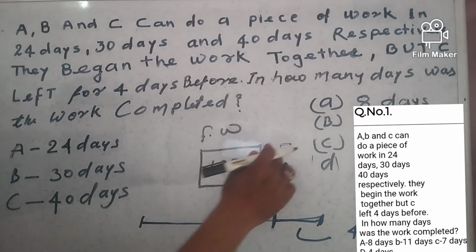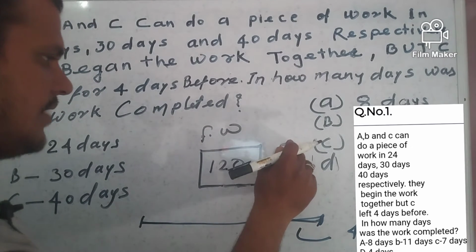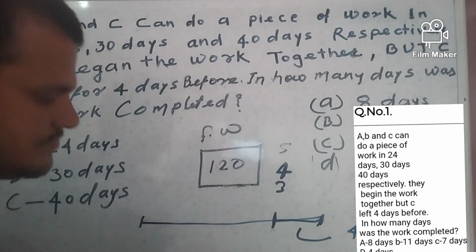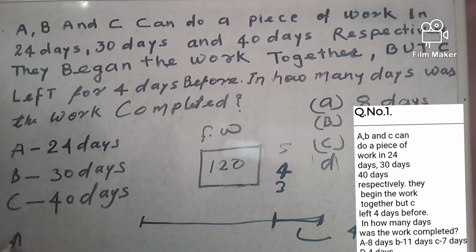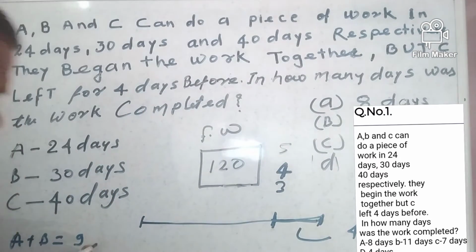A plus B means 5 plus 4, because A does 5 work in a single day and B does 4 work in a single day. So A plus B will do 9 work per day.